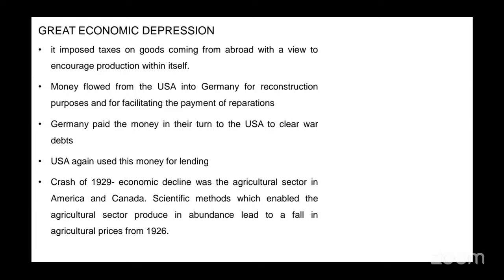Then the crash of 1929. What happened here is that economic decline could be seen in the agricultural sector in both America and Canada, and the scientific methods put forward in the agricultural sector also produced in abundance. This abundance of agricultural produce led to a fall in agricultural prices. As the production was more, if the product is more available in society, then the price is going to be much cheaper.